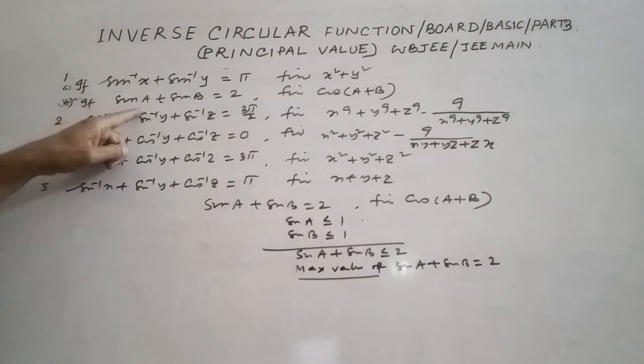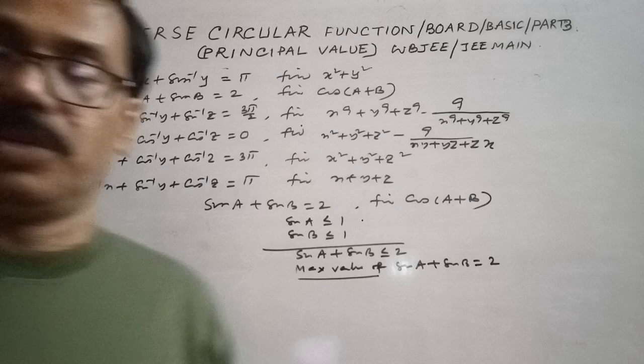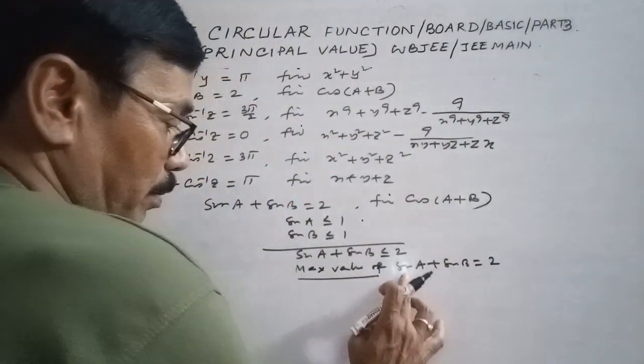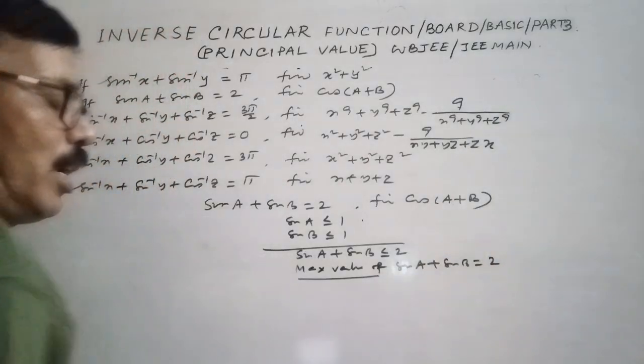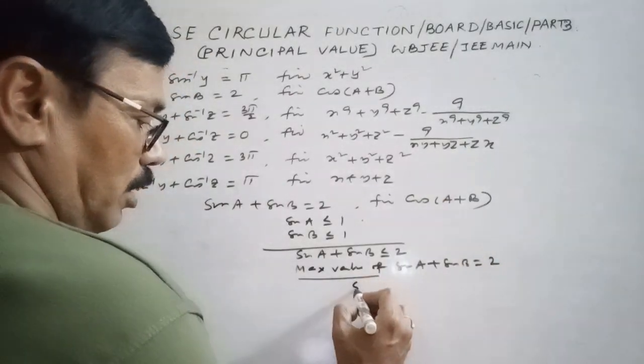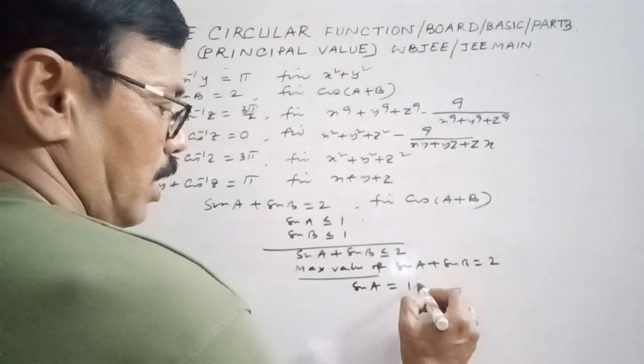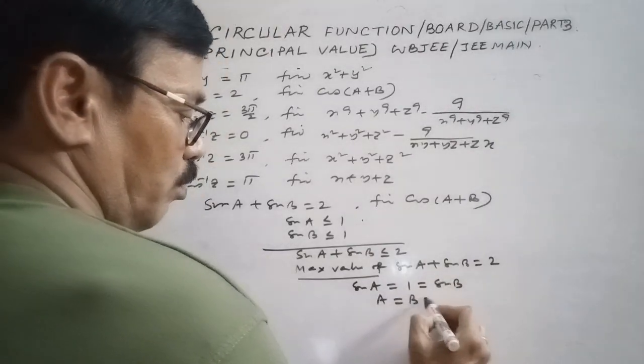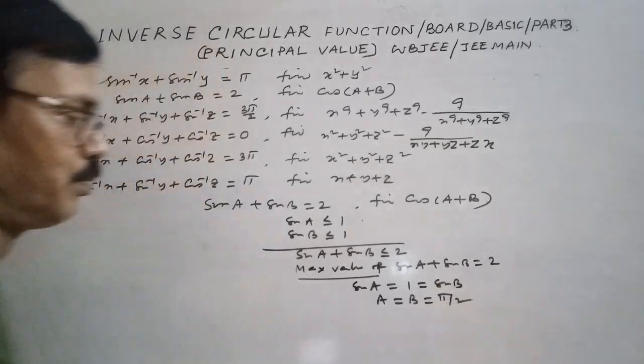Now here the relation is sin A plus sin B equals 2. So this is possible: sin A maximum is 1, and sin B is also 1. This is possible when sin A equals 1 and sin B equals 1, so A equals B equals pi by 2.